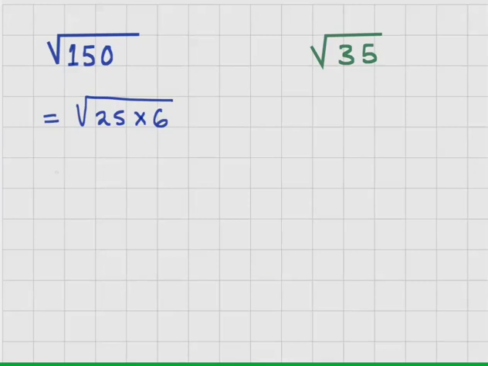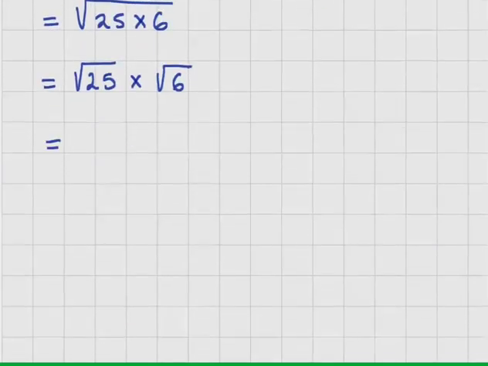All right, so proceeding to separate these using the law of multiplication, I have the square root of 25 separately and the square root of 6 separately. Then we simplify. The square root of 25 returns a whole number, 5. The square root of 6 is just going to remain the square root of 6. So yet again, we have our answer in the form k multiplied by root b.